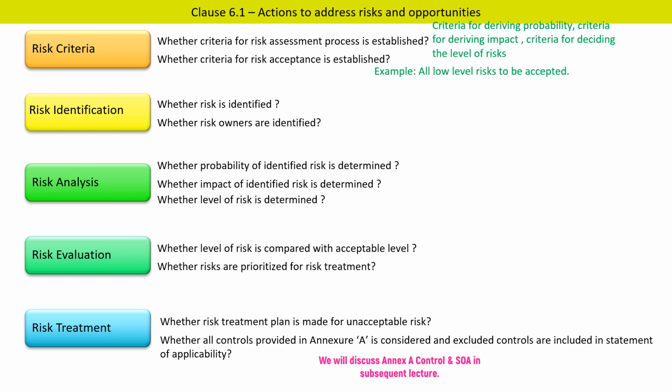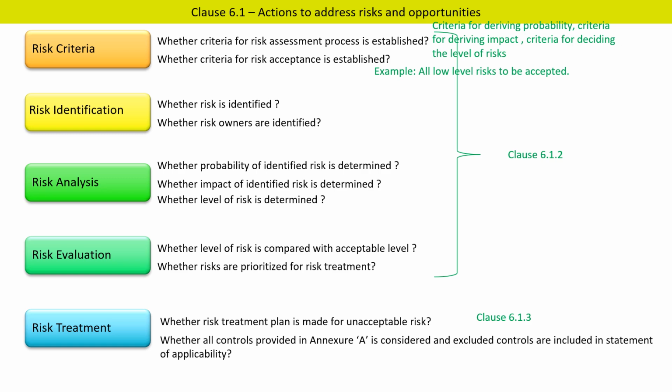We will discuss in detail the statement of applicability and Annexure A in our next video. So, risk criteria, risk identification, risk analysis and risk evaluation are requirements of clause 6.1.2, whereas risk treatment is the requirement of clause 6.1.3.